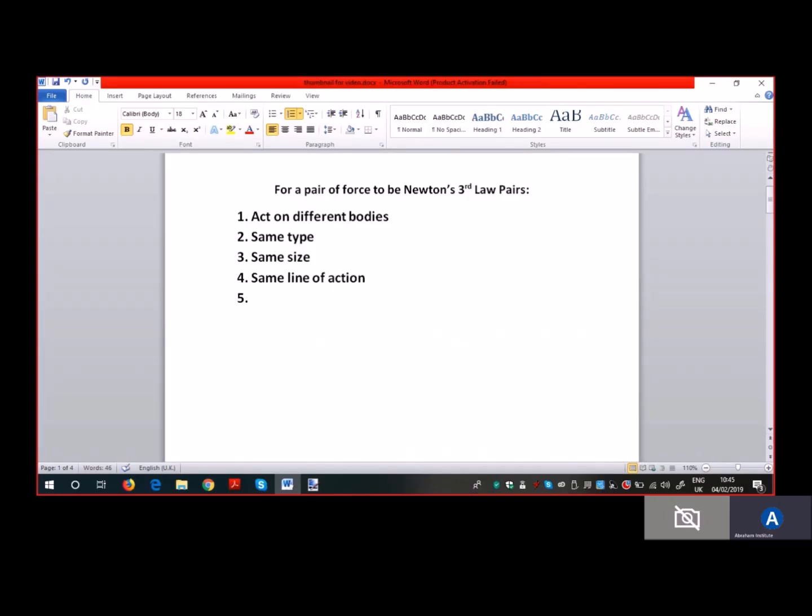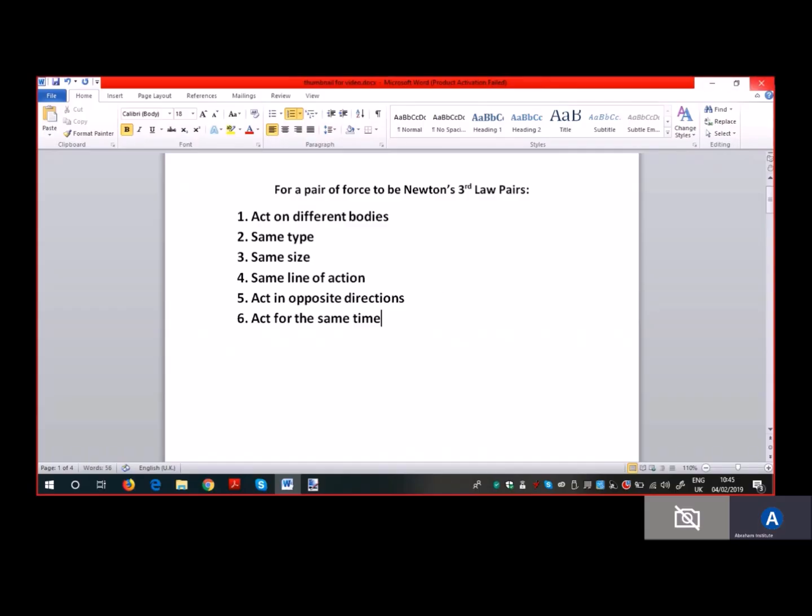The two forces should act in opposite directions. And the last one is they act for the same time.